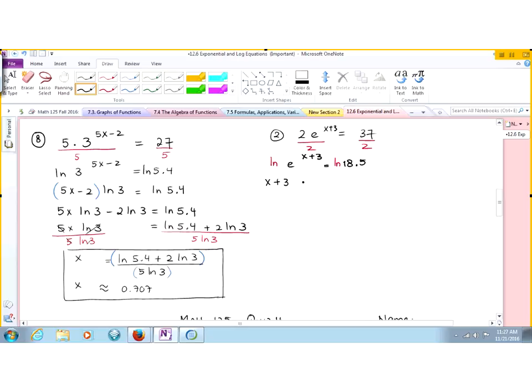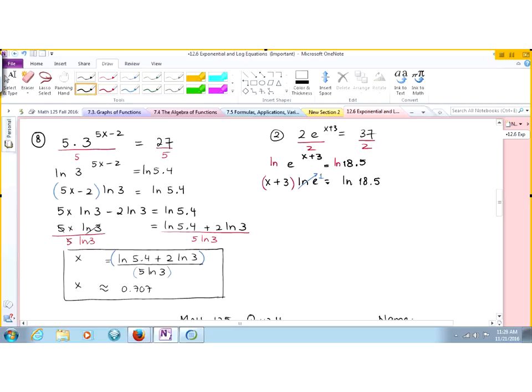Now, so this is x plus 3 times ln e, and I'm missing something when I write that. What am I missing? Yes, so this is x plus 3 times ln e is equal to ln 18.5. Okay, what is ln e, by the way? 1.